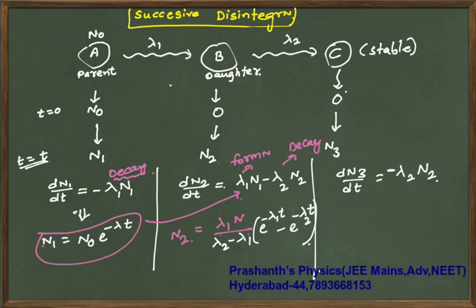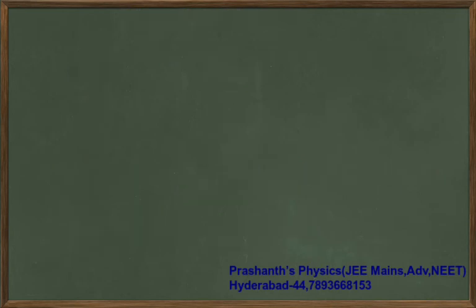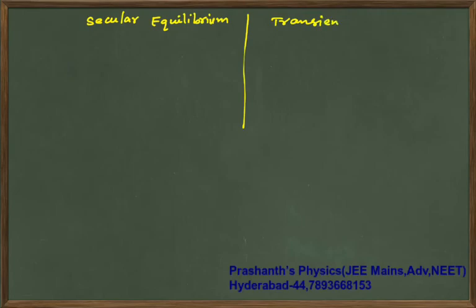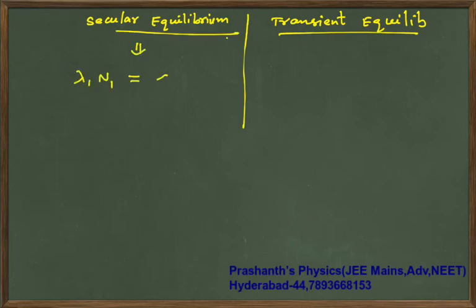Now here, in successive disintegration in chemistry you will study two extra terms, that is secular equilibrium and transient equilibrium, the terms that people usually use. So in secular equilibrium, what will happen is your lambda 1 n1 will be equal to lambda 2 n2.